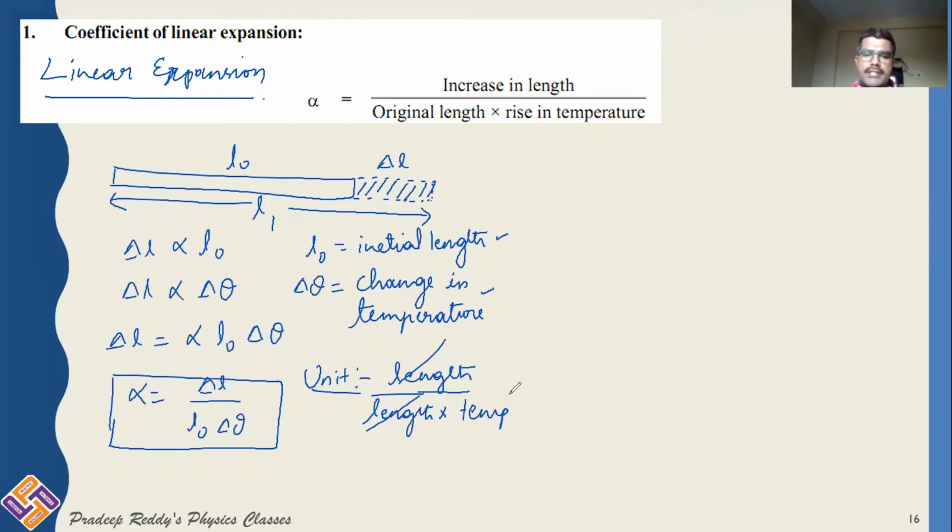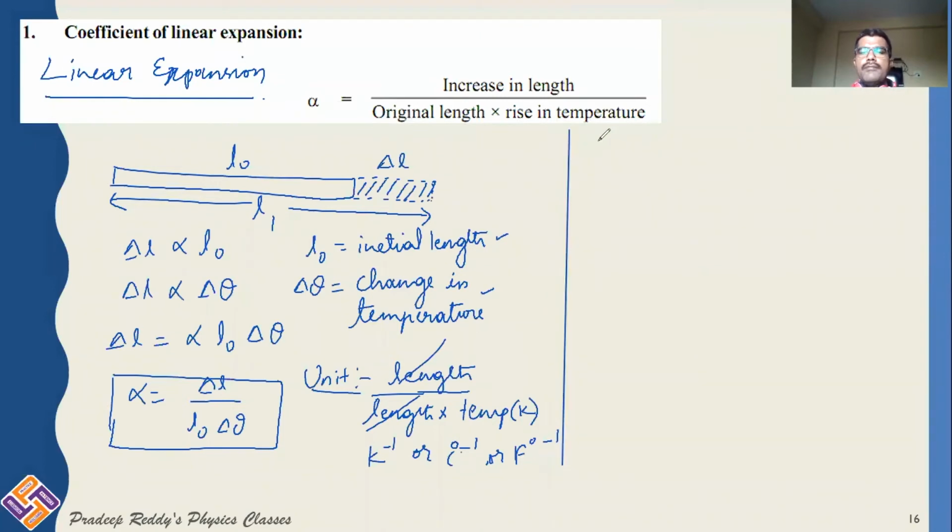It is 1 by temperature. So the temperature unit is Kelvin, right? Therefore, the unit is Kelvin power minus 1, or degree Celsius power minus 1, or Fahrenheit degrees minus 1. That is the practical unit of coefficient of linear expansion.